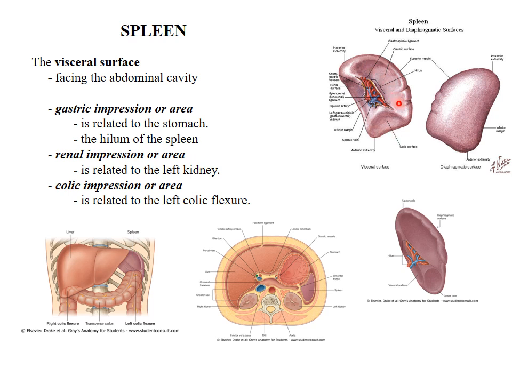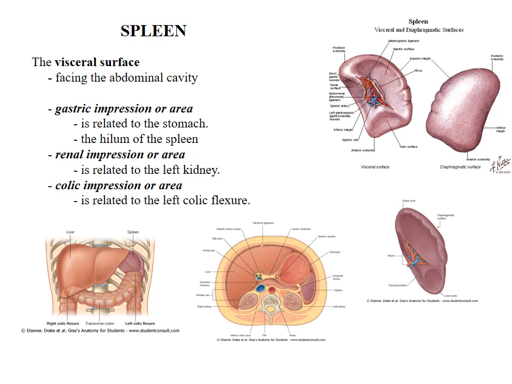Gastric impression is the anterior and superior part of the visceral surface, and on the gastric impression there is a splenic hilum through which the splenic blood vessels and nerves enter and leave the spleen.